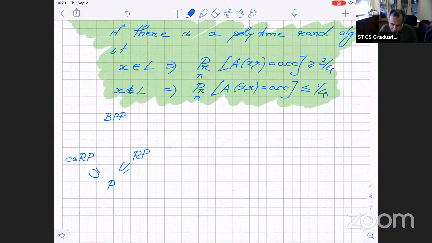But I want to now talk about a slightly different class called ZPP. By the way, I should mention BPP stands for bounded error probabilistic polynomial time. It's unfortunate that it could not be called probabilistic polynomial time, PP, because that name was already taken for a different complexity class before BPP was defined.